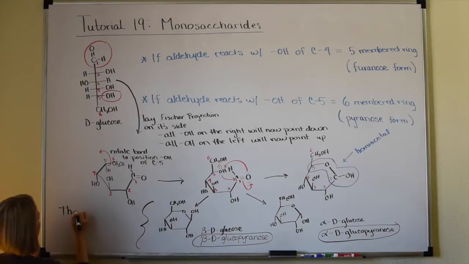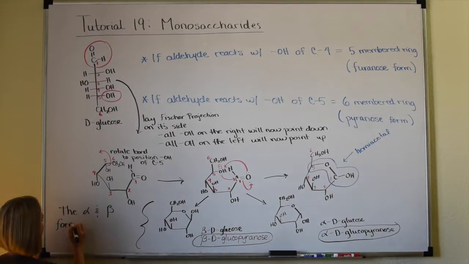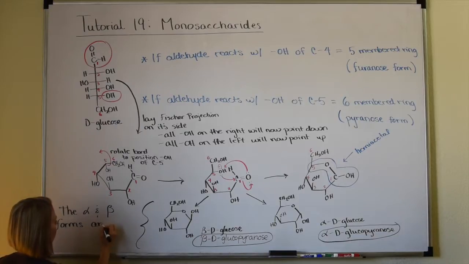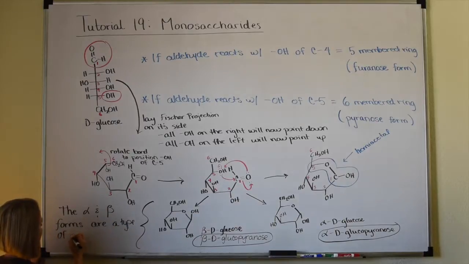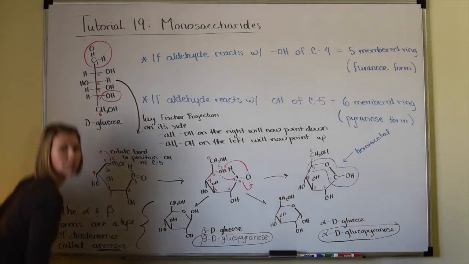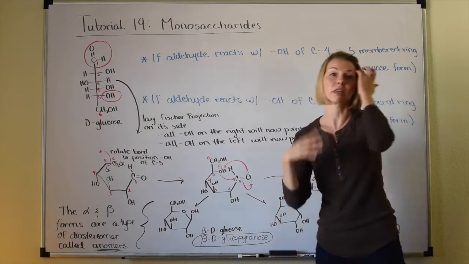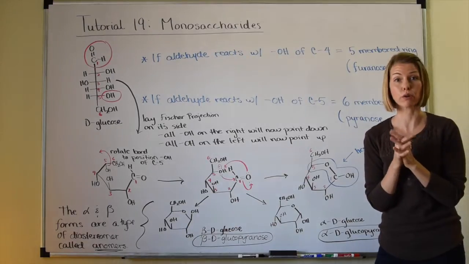The alpha and beta forms are a type of diastereomer called anomers. Okay, that new word there, anomers. All right, last but not least, and then we'll move on and look at one more example for D-fructose.